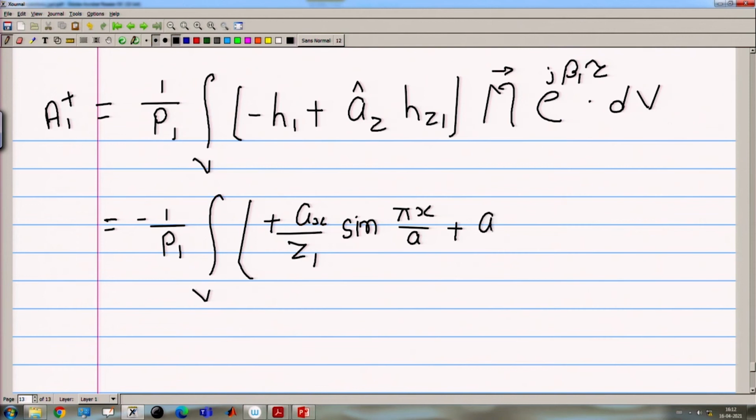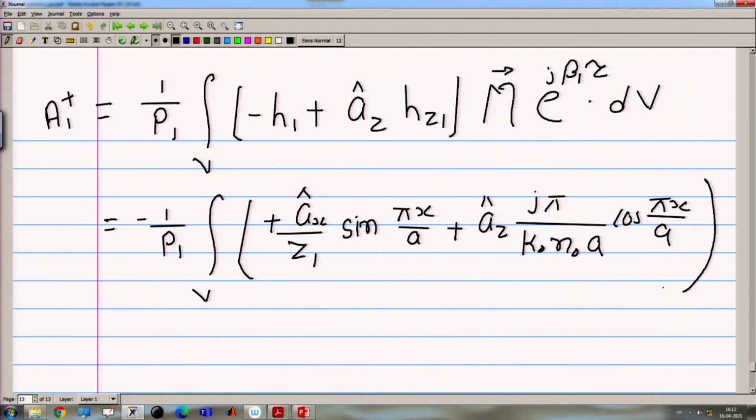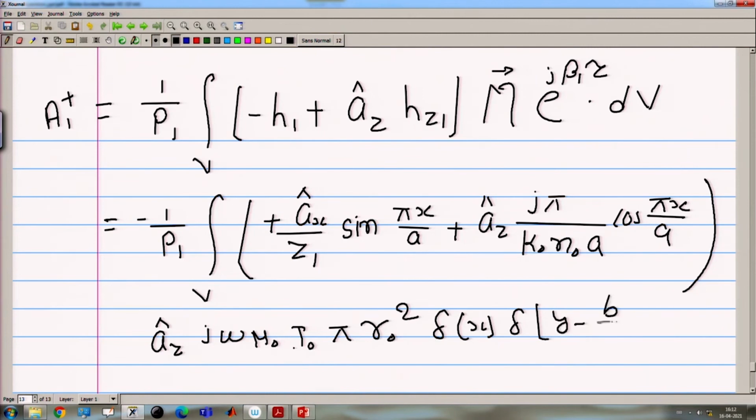So, it will be plus Az into j pi divided by k naught eta naught A cos of pi x upon A. And after that, we have to substitute the M also, that magnetic current source, that is A j omega mu naught I naught pi r naught whole square into del of x del of y minus b by 2 into del z.